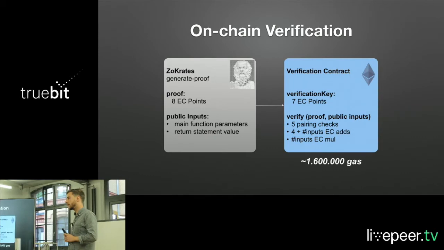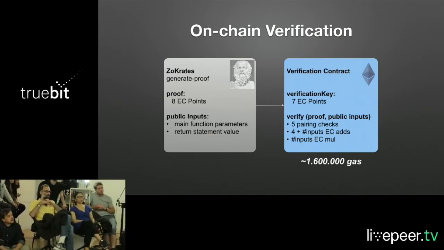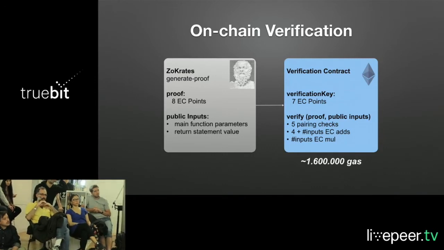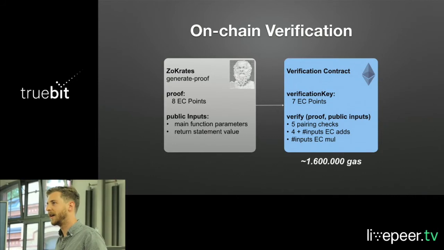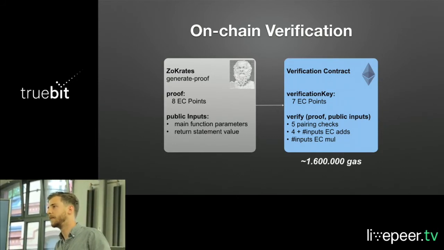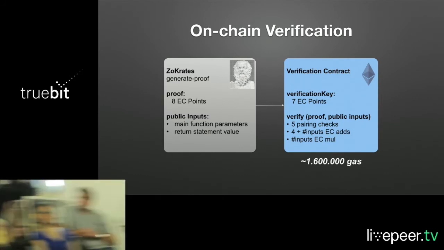How many gates? Do you know? I don't quite remember. 2 to the 64. Christian, do you remember? I think 2 to the 32. 2 to the 32. Yeah, but it's really large. How do they choose that number?